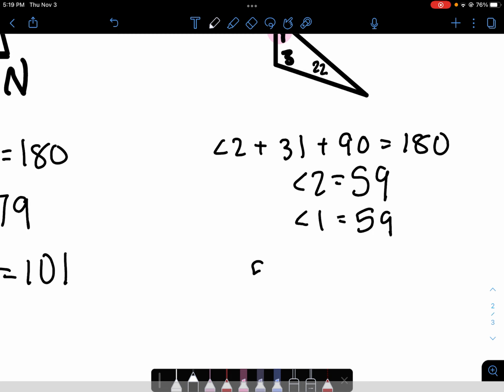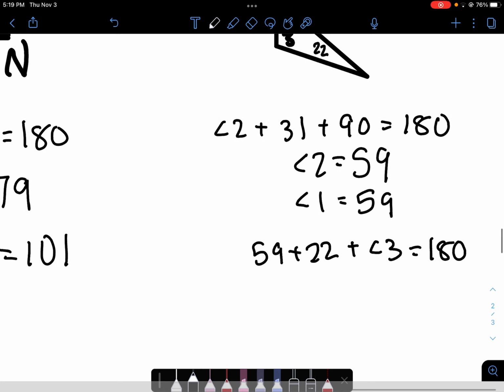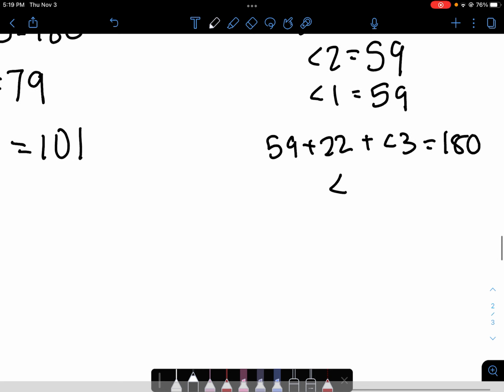So we can do 59 plus 22 plus angle 3 equals 180. And just solve for angle 3. And that equals 99.